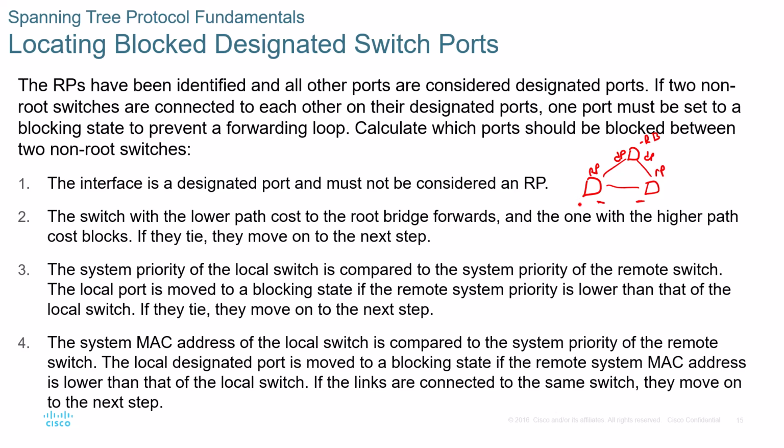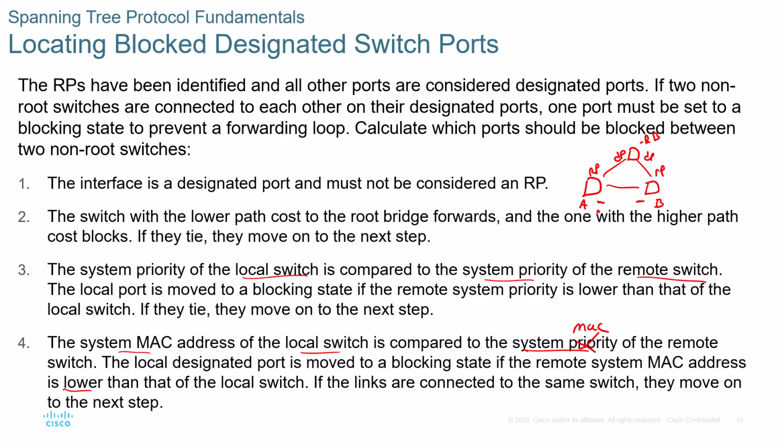So one will be switch A, one will be switch B. So the system priority of switch A will be compared to the system priority of switch B. If they're both the same system priority, the default, then we move on to the system MAC address of switch A, and then we compare it to the system MAC of the remote switch. We compare the MAC addresses. Whatever the MAC address is, the lower one.